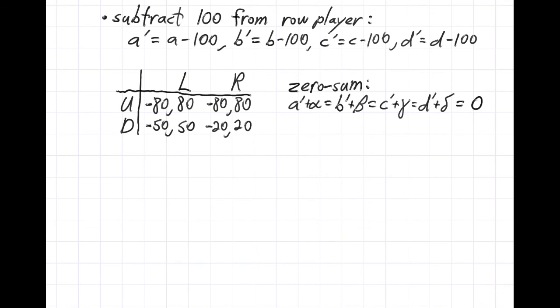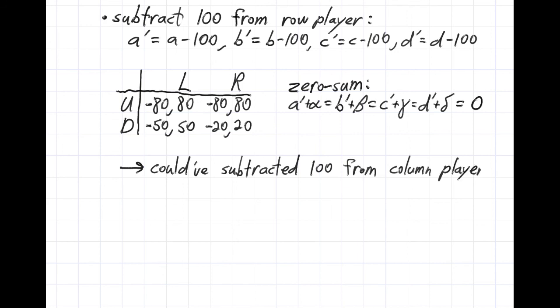So we can translate any constant sum game into a zero-sum game just by subtracting the same number from all the payoffs to one of the players or the other player. In fact, alternatively, we could have subtracted 100 from the column player, or we could have done something even funkier.